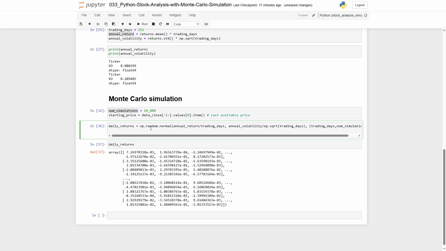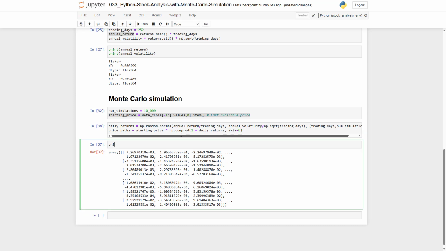Now the interesting part is to do price paths, and they will be using starting price. So for each of the 10,000 simulations that we are having, our starting price would be this one, the real one. So starting price times np.cumprod of 1 plus daily returns, axis is 0.